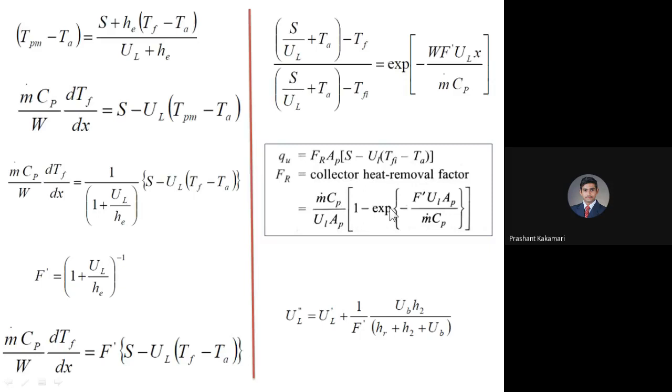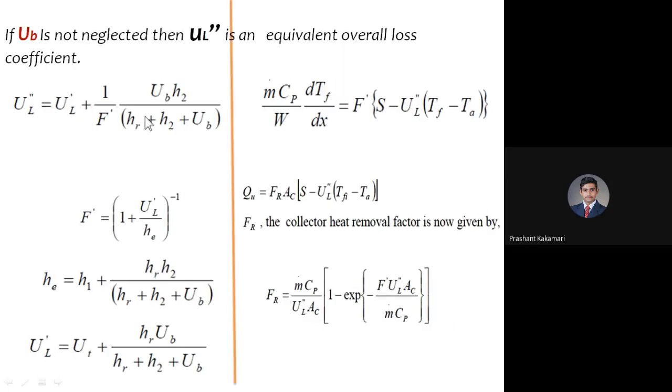So here they have taken HR plus H2 plus UV. This HR they have considered for radiative losses, top side or bottom side. Keeping focus on the bottom side, they have considered radiation as well as convective heat losses at the bottom.